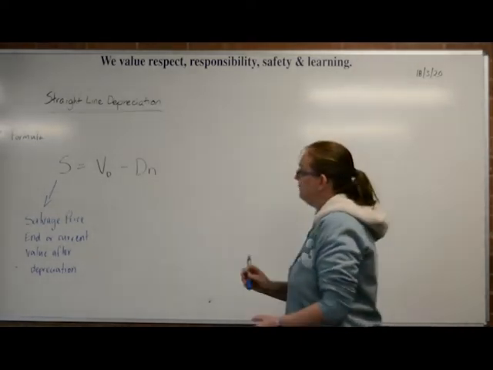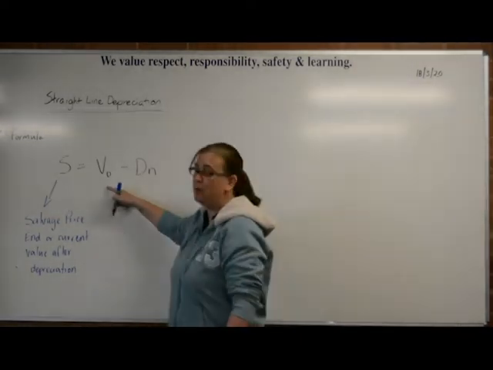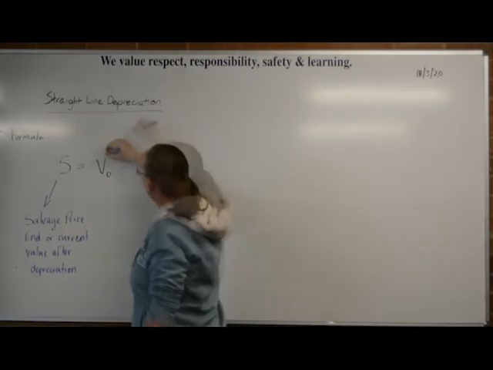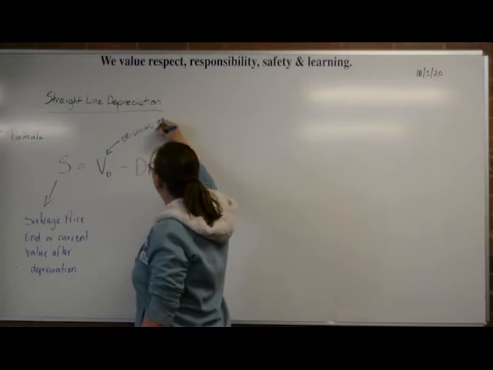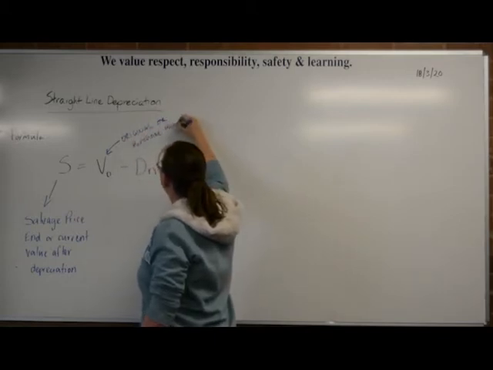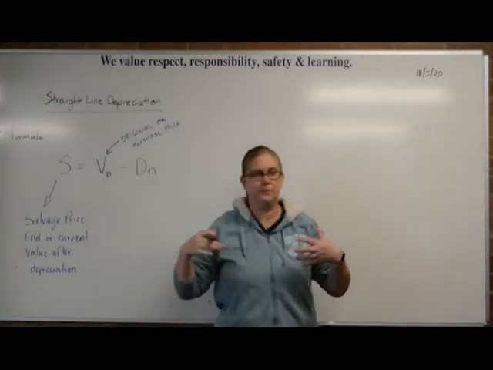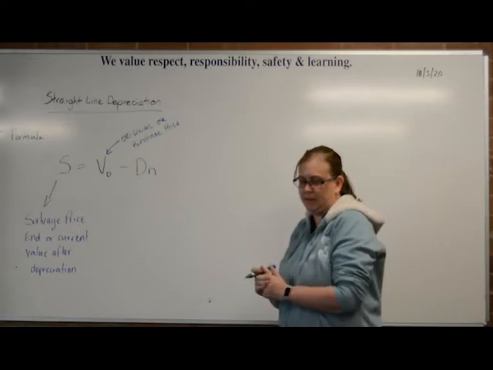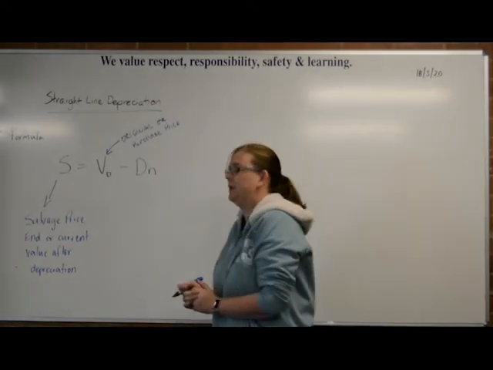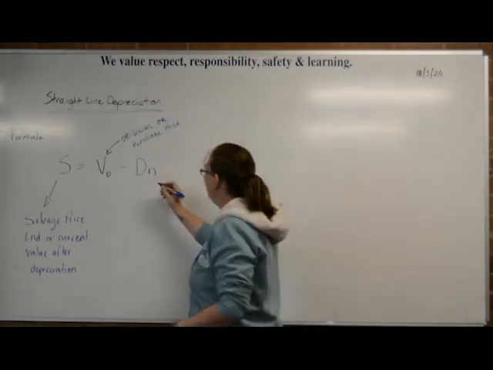So it is salvage price. The V, or the V0, is the original or purchase price. So that is what it cost when it was first bought. Okay? The D is the depreciation amount.